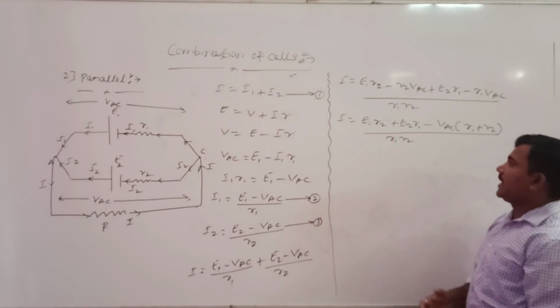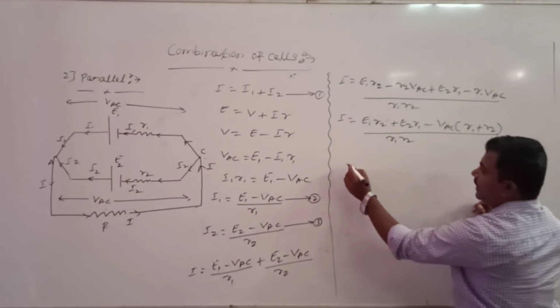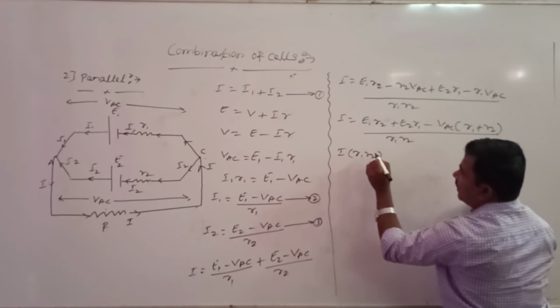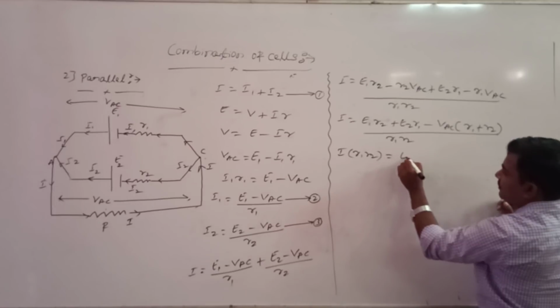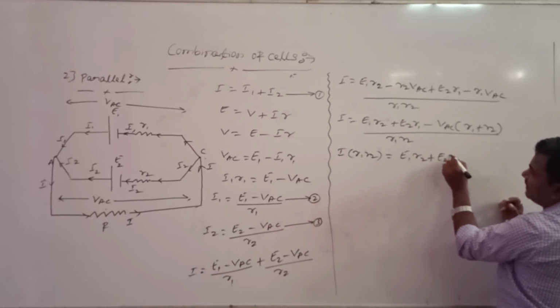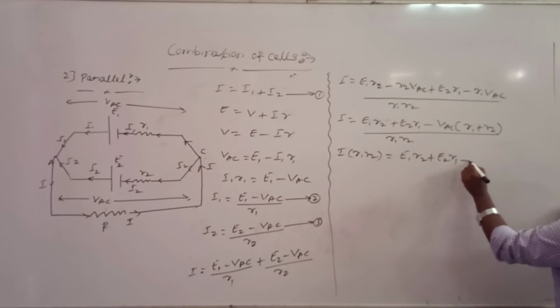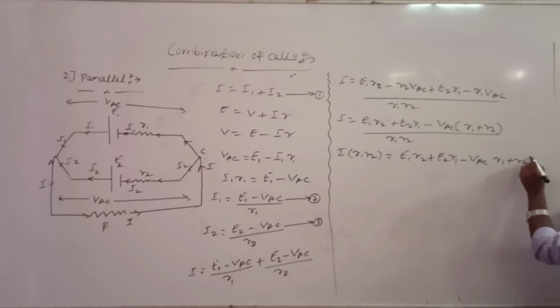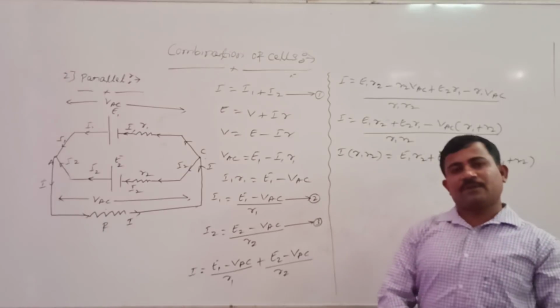Then what will we get? I into R1 R2 equals E1 R2 plus E2 R1 minus VAC into R1 plus R2. Right? Are you following this step, students?